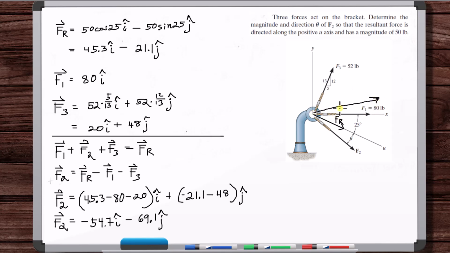We need to pull back on this. We need to pull it down, right? F2 needs to pull this down, and it also needs to pull back because it needs to decrease its magnitude, you see? So that's why F2 is going to be somewhere in this direction. Okay, so how do we determine theta? Right, we're looking for this angle.